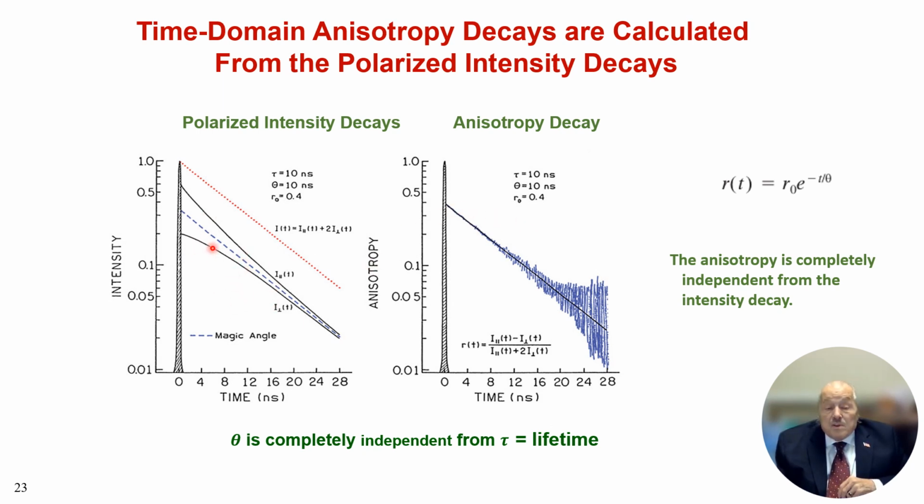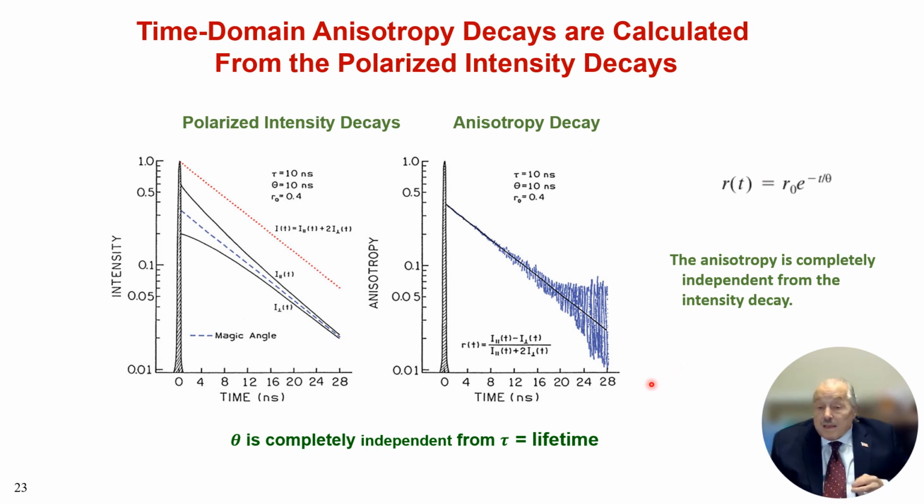And you use these two data sets to calculate the anisotropy decay. And this is why the anisotropy decays always look noisy, especially at the longer times, because you're always taking the difference of two relatively large numbers. An important thing to notice is that the anisotropy decays are completely independent from the intensity decay.